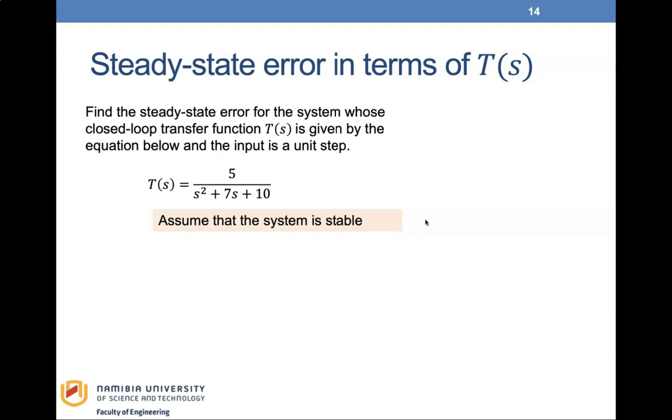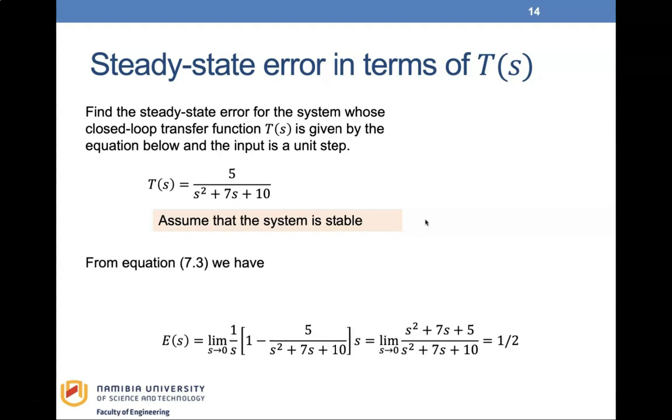Since we are told that the system is stable, we do not have to check for stability. Hence, we will apply equation 7.3 straight away by substituting for T of S and the input signal, which is 1 over S. Taking the limits as S tends to 0 will give us a finite steady state error of 1 over 2 or 0.5.